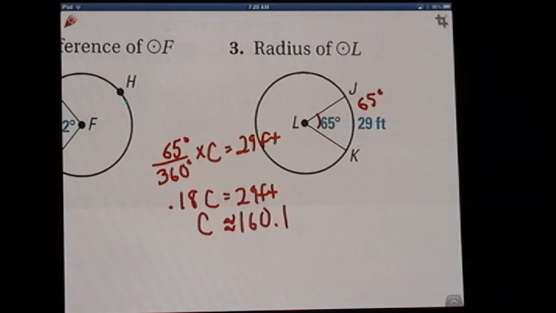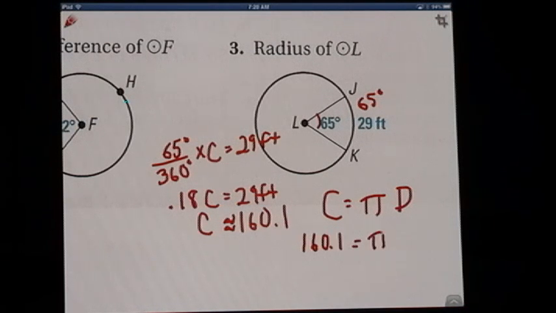Now we're going to use our circumference to find the diameter. Since circumference equals pi times d, we're going to say our circumference is 160.1 equals pi times d, and if we divide both sides by pi, we will get the diameter.